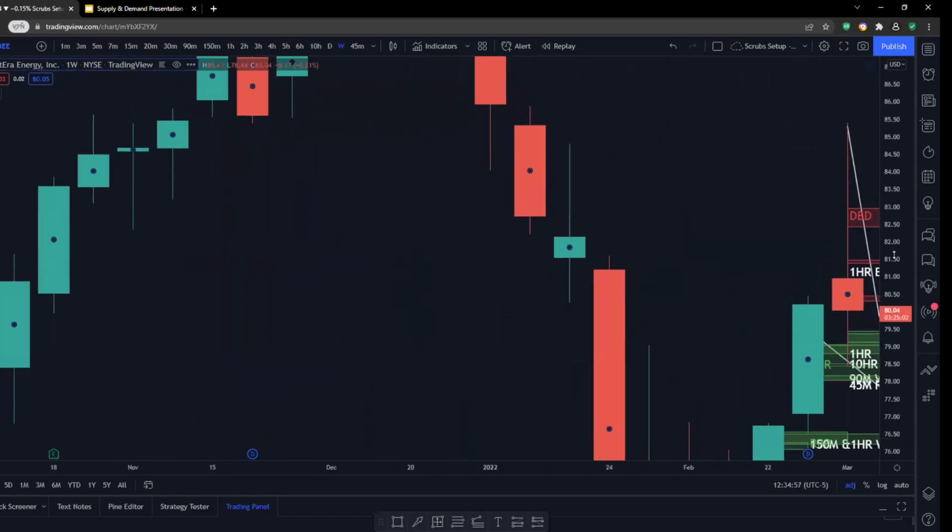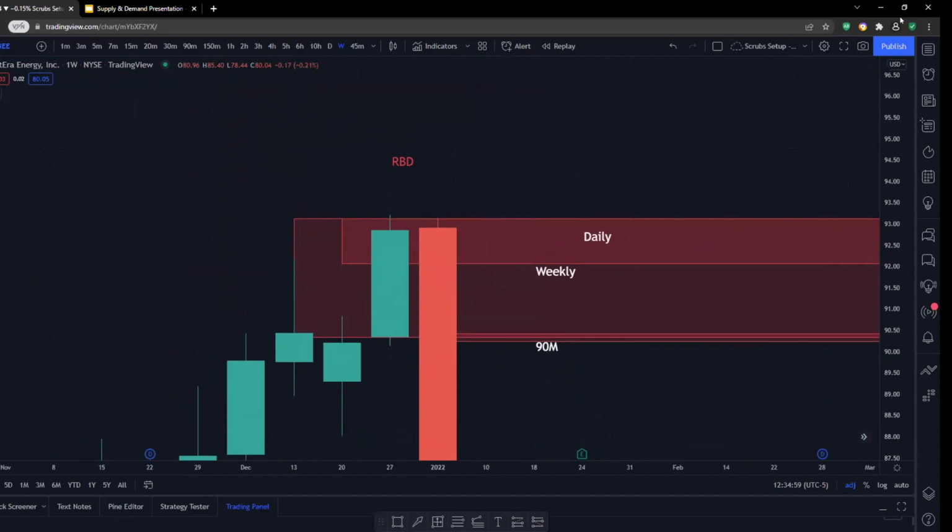For supply zones, you chart the top of the wick on the imbalance and the bottom of the body of the basing candle.